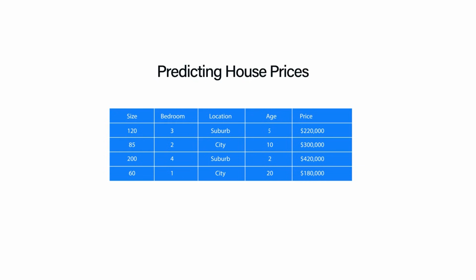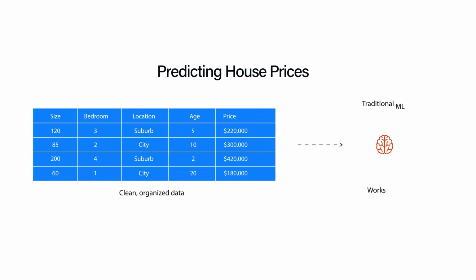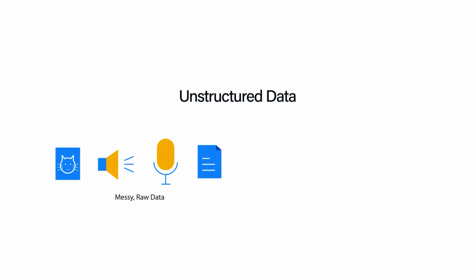As long as the problem fits neatly into rows and columns, traditional machine learning would always work well. But once the data becomes messy or unstructured, think images, audio, text, deciding what features matter becomes extremely difficult. Humans struggle to describe those features explicitly.